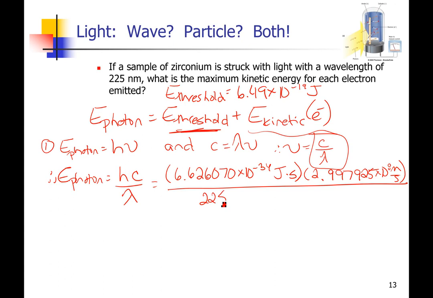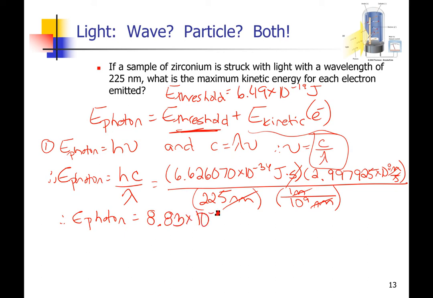Meters and nanometers do not cancel, so I need another conversion factor here. There is 1 meter equivalent to 10 to the 9 nanometers, a billion nanometers in a meter. Now the nanometers cancel, now the meters cancel. Throw all of that into my calculator, and I get that the energy of the photon is 8.83 times 10 to the minus 19 joules.